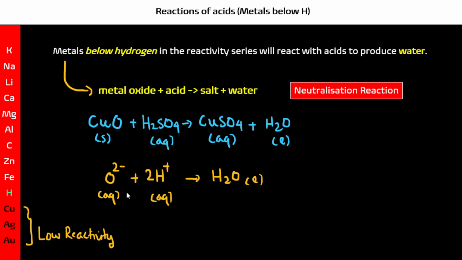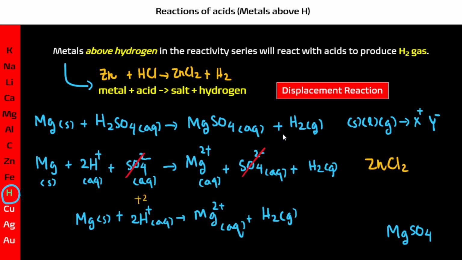So you have a total charge of 0 on the left side because 2 minus plus 2 plus is equal to 0. You have 0 on the right side. And this is called a neutralization reaction. So let me go back again. In the exam, you need to be able to explain why your equation is a neutralization reaction or a displacement reaction.